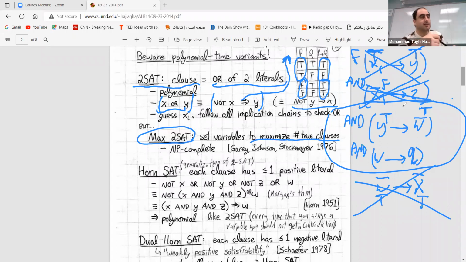Now, interestingly, the question is: if max two-sat is given to you, what would be an approximation algorithm that you can get for the problem? Do you have any ideas how you can give some algorithm for max two-sat? Somebody gives it to you, and you know that you cannot satisfy everything.